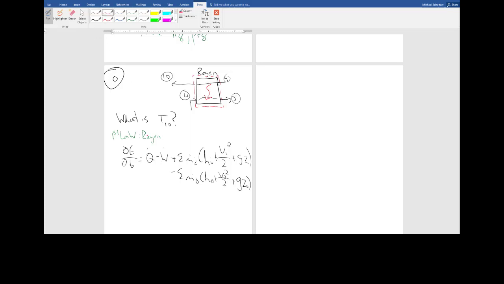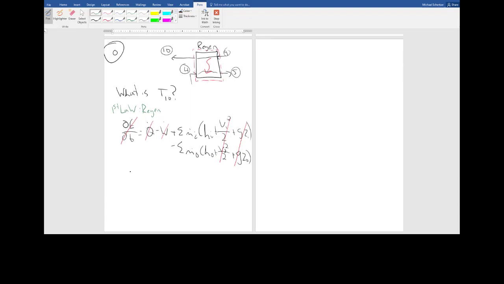For the regenerator, steady state, even though there's heat going from the hot side to the cold side, we're going to say none of that crosses the boundary of our control volume. So it's adiabatic, it's passive, no fan blades, no kinetic energy change, no potential energy change. So we're going to get that 0 is equal to the sum of m dot in, h in, minus the sum of m dot out, h out.